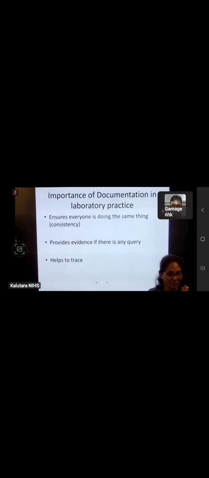If there is any problem, you have evidence to show your things. Helps to trace. For example, if you want to trace a report which has already been released, you can trace that because you have the record. So there are advantages of laboratory documentation.